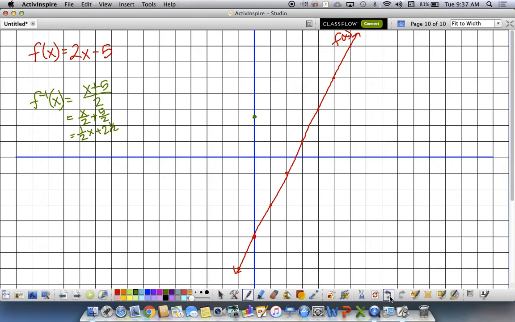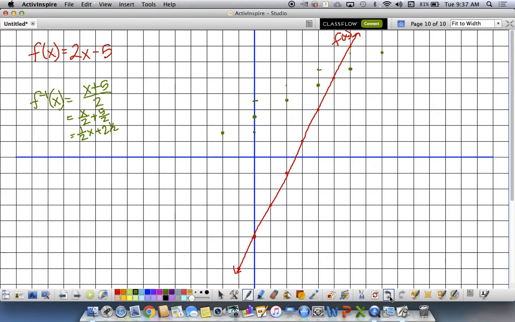So I'm going to go up 1 and over 2. See, I had to go to that half mark. Up 1 and over 2. I can keep going. Could I go down 1 and back 2?